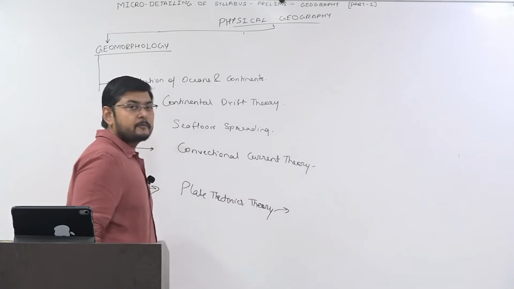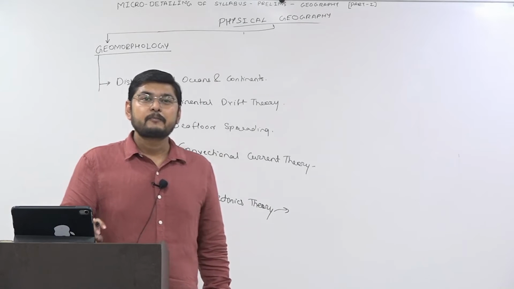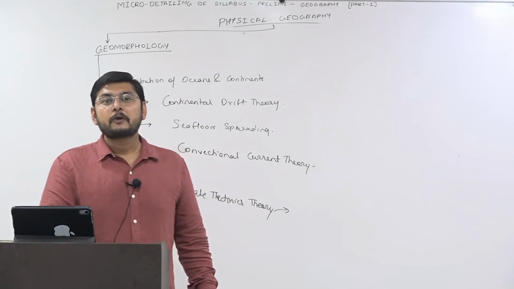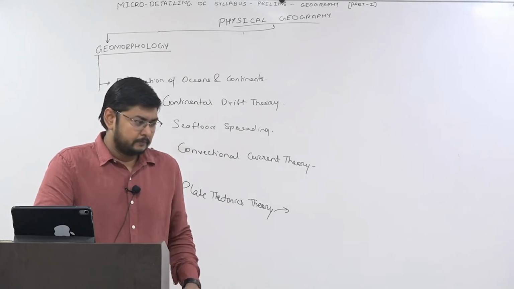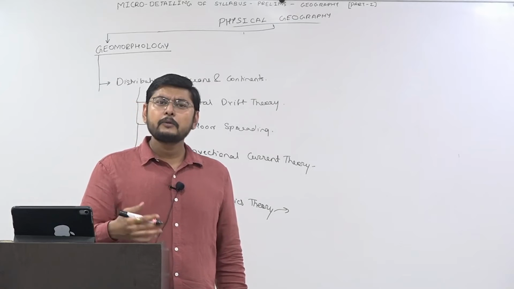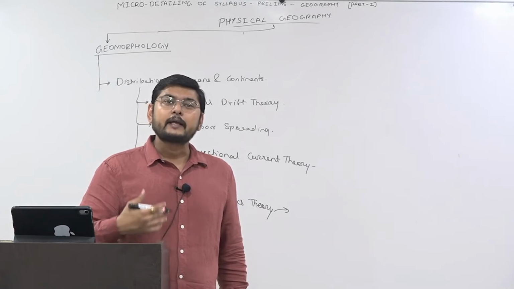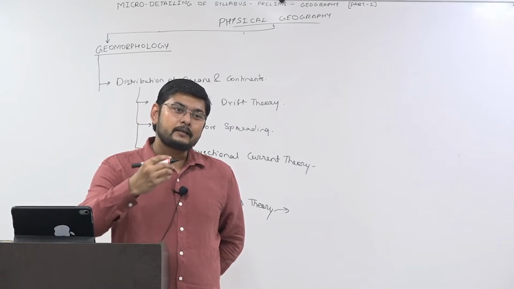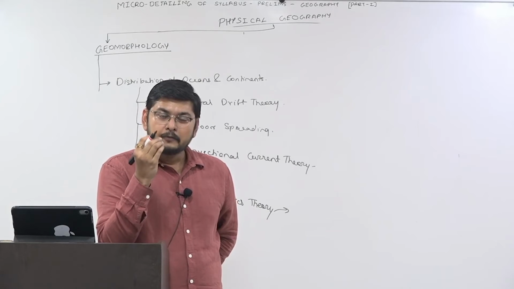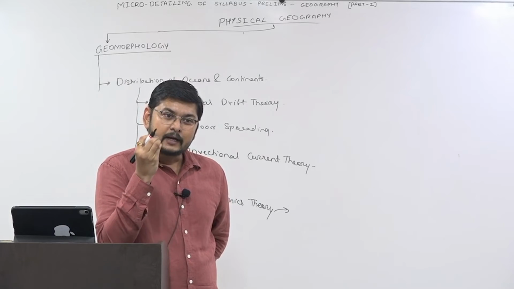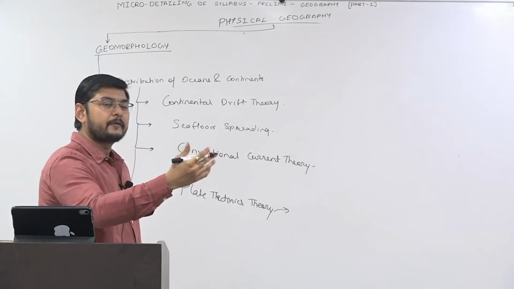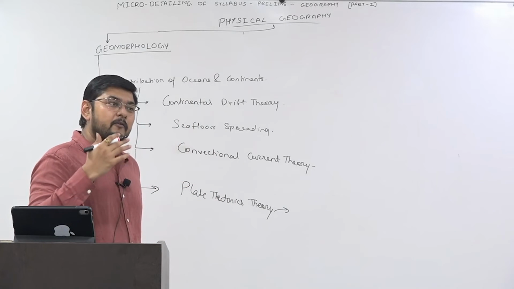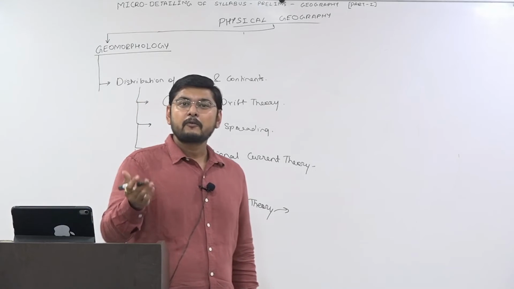What are the different types of plate boundaries? What are the different types of plate movements? What is hotspot volcanism? How are the mountains formed, how are the volcanoes formed? What are the bases on which the different landforms on the earth are forming, how are the continents moving, how are the oceans moving, what is the differential rate of movement of continents?